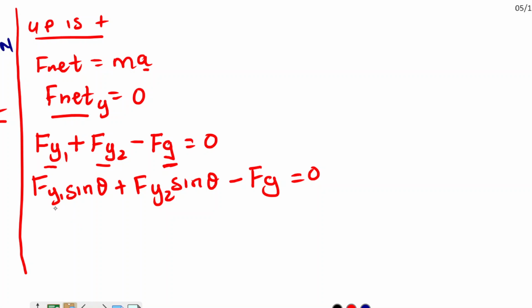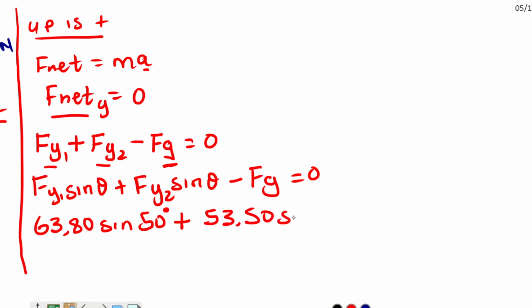Now Fy1, which is the vertical component of F1, will be 63.80 sine of the angle, which we said was 50 degrees, plus the second vector, F2, which was 53.50 sine of 40 degrees.